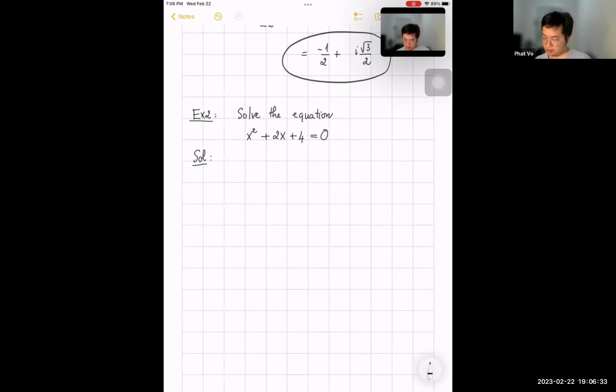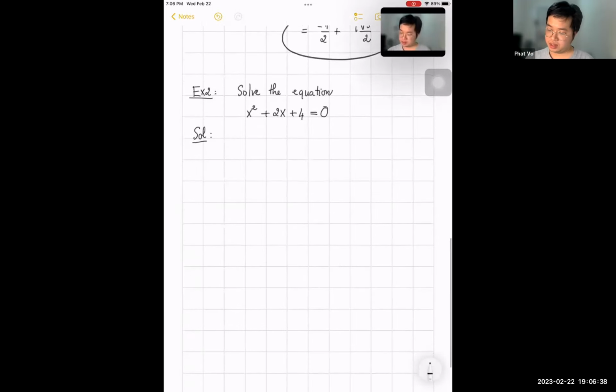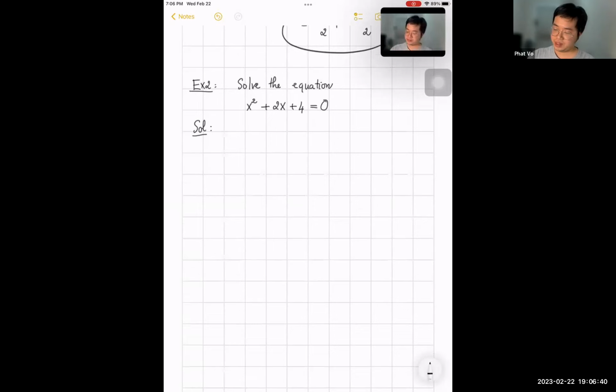Okay, so now I will show you how to solve this equation. First of all, we need to determine the coefficients of this equation. A here is 1, B here is 2, and C here is 4, right?